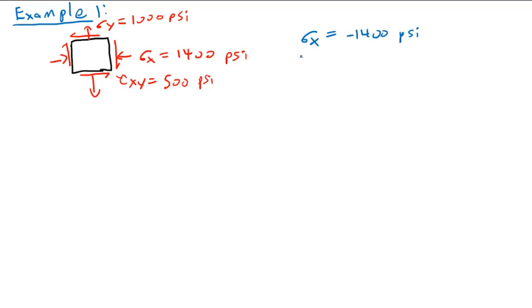The tau xy, and these are what we're going to use in the formulas, will be negative 500 psi. And the reason for that is that this is a state of negative shear stress. It is going opposite our standard sign convention for positive shear stress. And sigma y is positive, and it's 1000 psi.